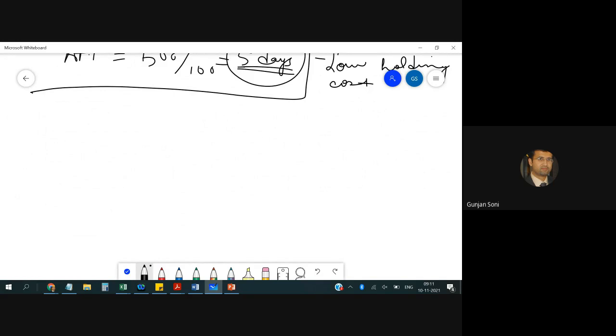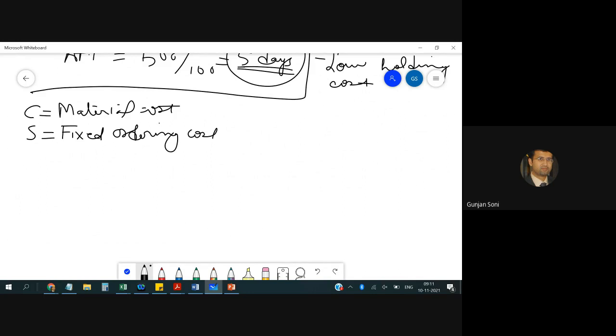Let's say C denotes the material cost. If you are making something, C is the material cost. S is your fixed ordering cost. That also includes transportation.